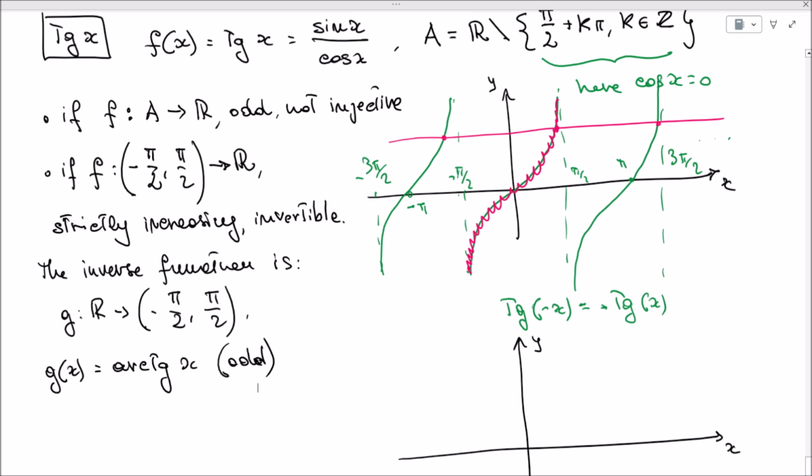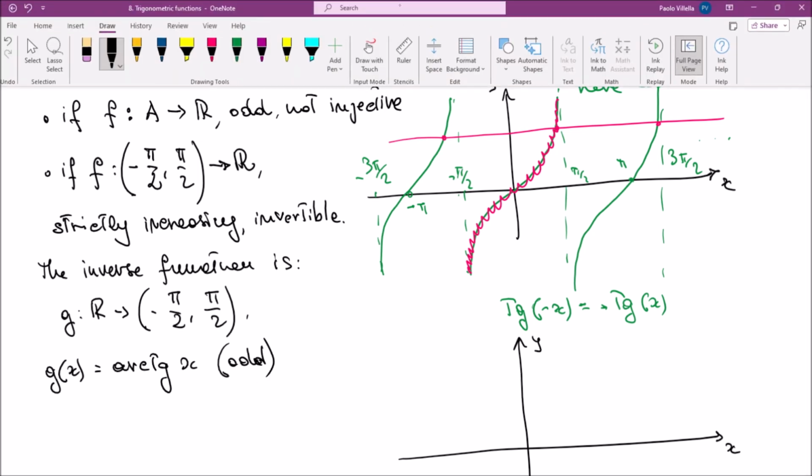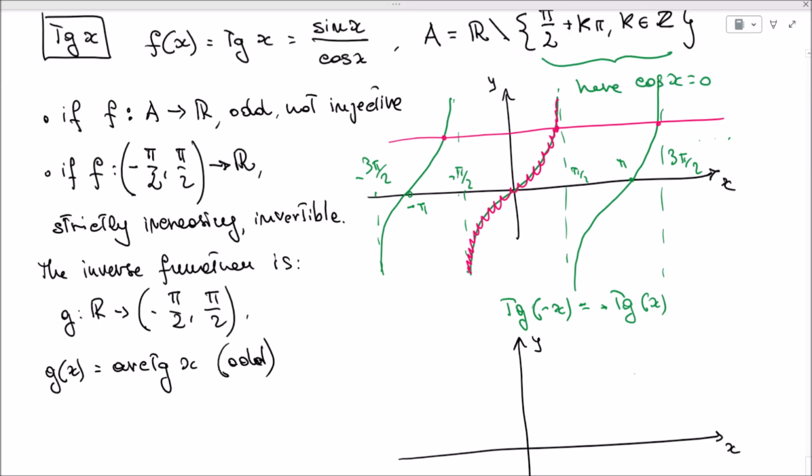It can be easily obtained, as always, by reflecting the graph, and what we get is this, which of course will go from minus pi over 2 to pi over 2. So this is the arc tangent of x.